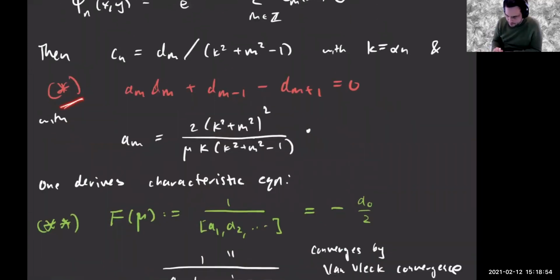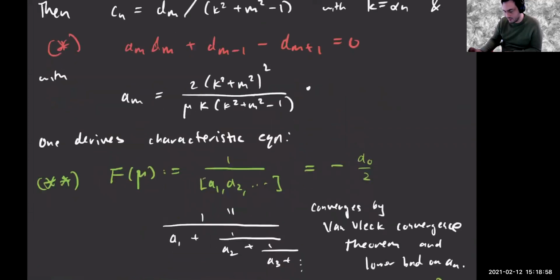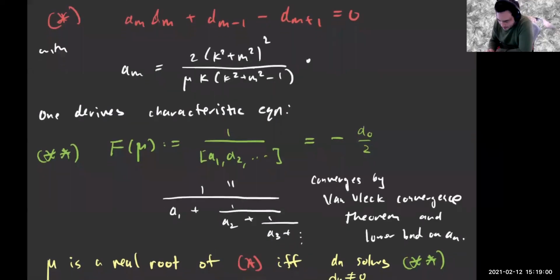From this, you can derive the characteristic equation, which is that this continued fraction, this is just notation for this continued fraction, which converges by the properties of am. So it's lower bounded, so this converges. This continued fraction has to equal this number.